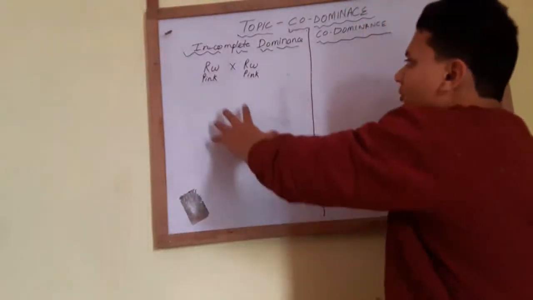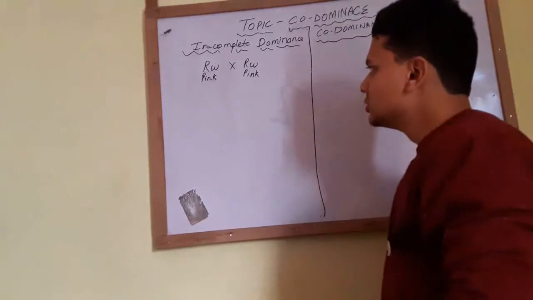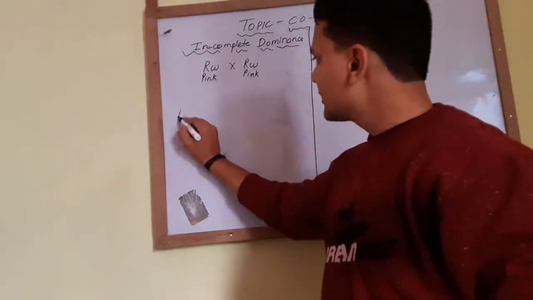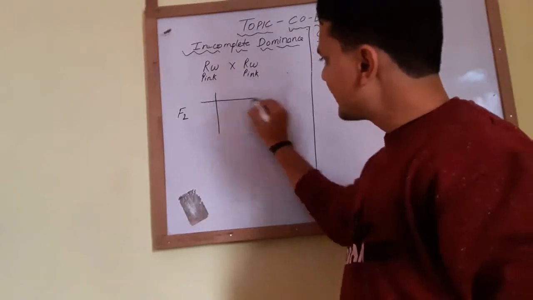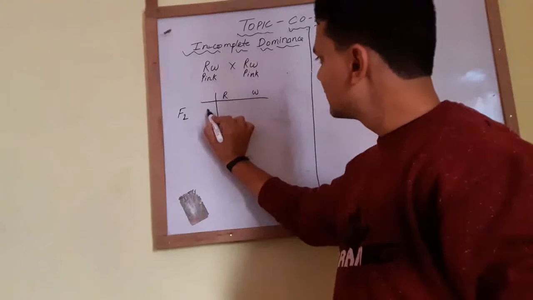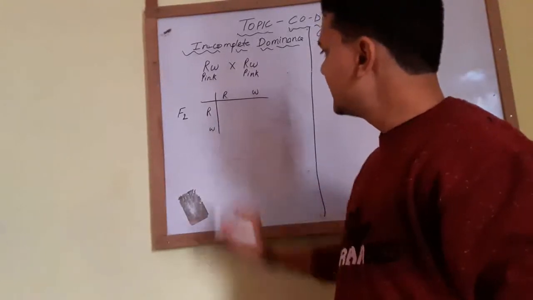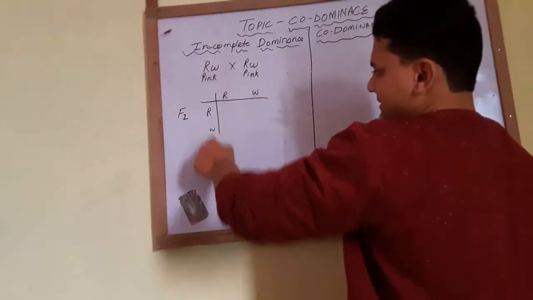So this type of dominance will be said as incomplete dominance. So when we talk about it in Punnett square, let's write. Say this is dominant, this is recessive, this is dominant, this is recessive.